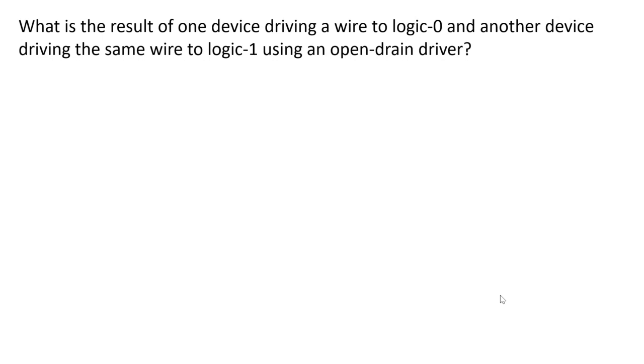It's not actively pulling the wire at all. And the other device is setting it to logic 0, pulling down, then the wire will be 0. So the one that pulls down to 0 will win in the sense that it will get what it wants. It will get the wire to be logic 0, whereas the other entity trying to pull it up won't be pulling it up. The one trying to put a logic 0 on there will win.